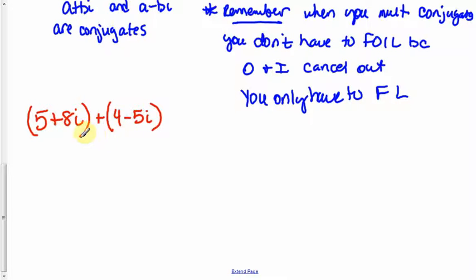It's an imaginary number, but I'm going to call it a binomial because it has two parts to it, just to keep y'all in the same thought process. So we're going to add these two binomials together. 5 plus, we just add the parts that are alike, right? So 5 plus 4 is 9, and 8i plus -5i is 3i.